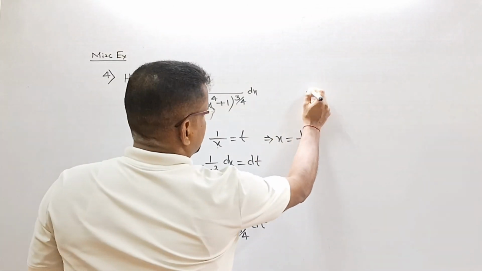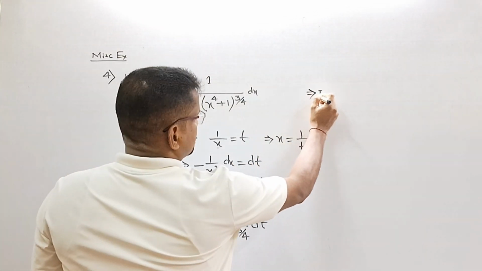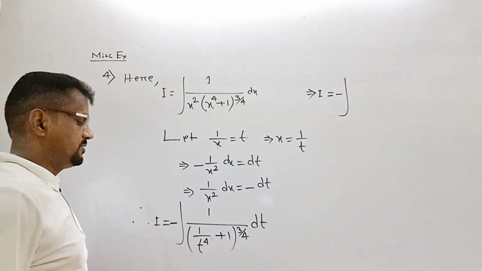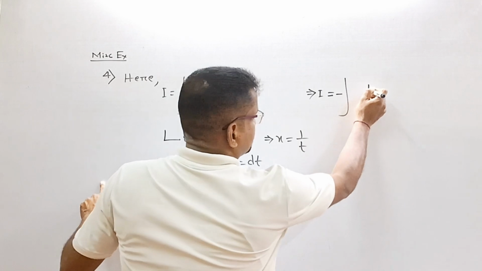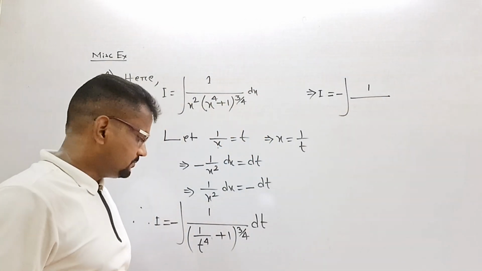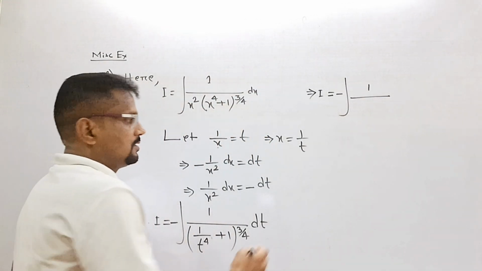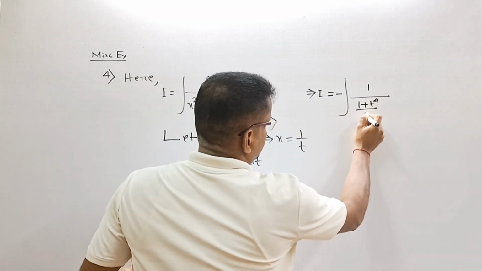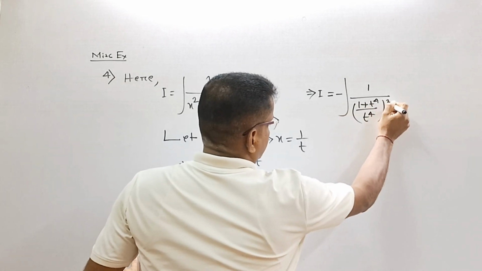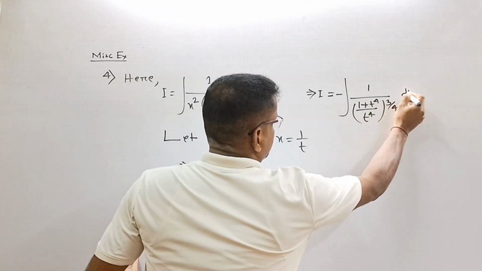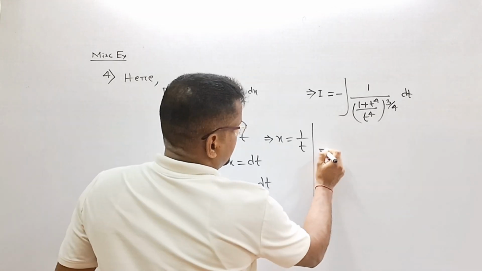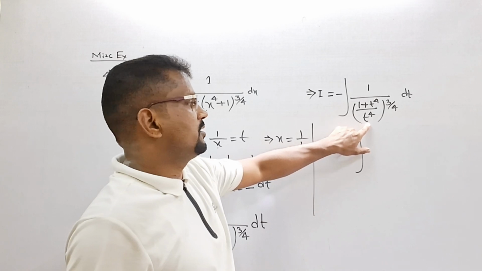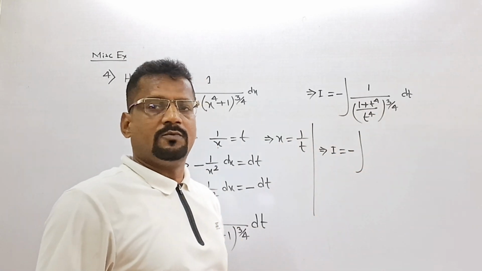After this, I equals, if you take the LCM, the LCM is t to the power 4. Then 1 plus t to the power 4 divided by t to the power 4, whole to the power 3 by 4, and here it is dt. Then in the next step, I equals minus of, now t to the power 4 whole to the power 3 by 4, t cube we will get.